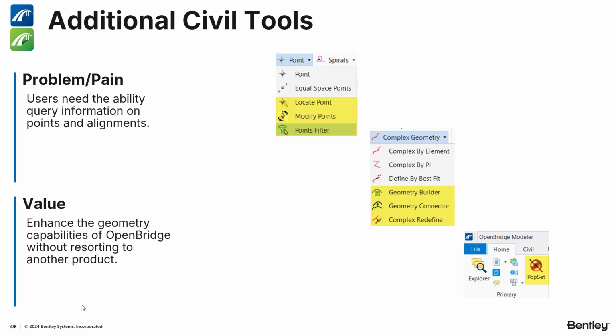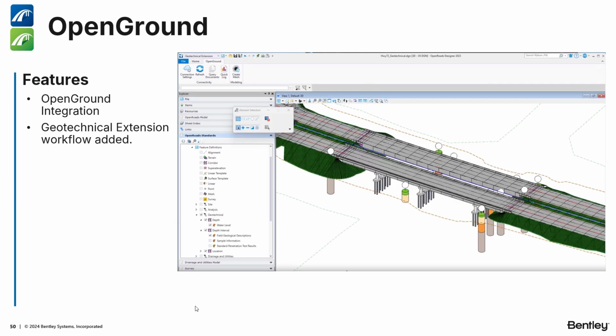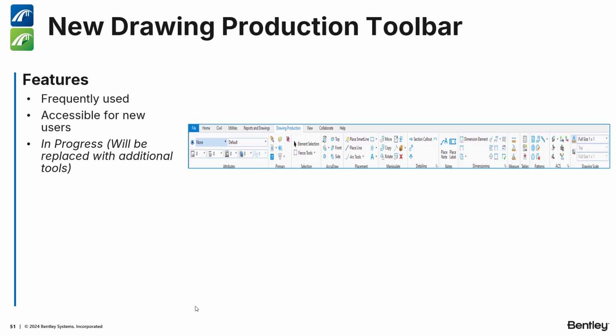A new workflow has been added as well for OpenGround. There is an OpenGround integration now, with a geotechnical extension workflow. And we also added a new tab in which we have grouped the most commonly used tools for drawing production.